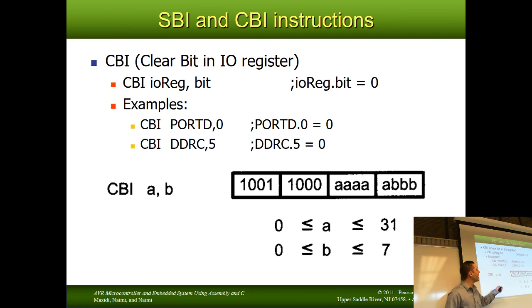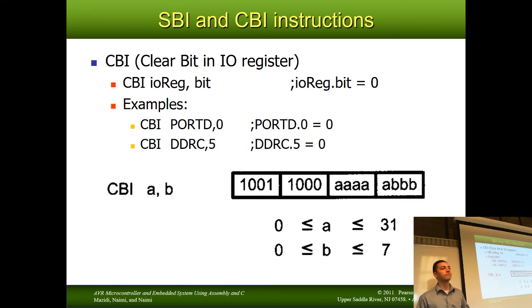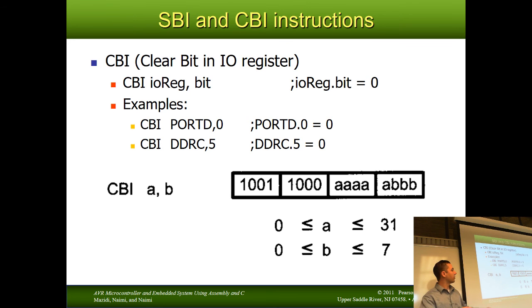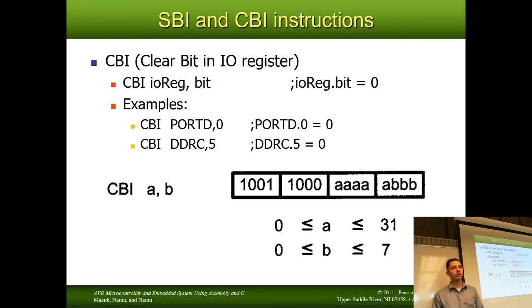Anyway, it's the same pinout for A and B. 5 bits of A, 3 bits of B, but you'll notice there is a single difference. Somebody tell me what's the difference between these two instructions. There's a 1-bit difference in the opcode right there.